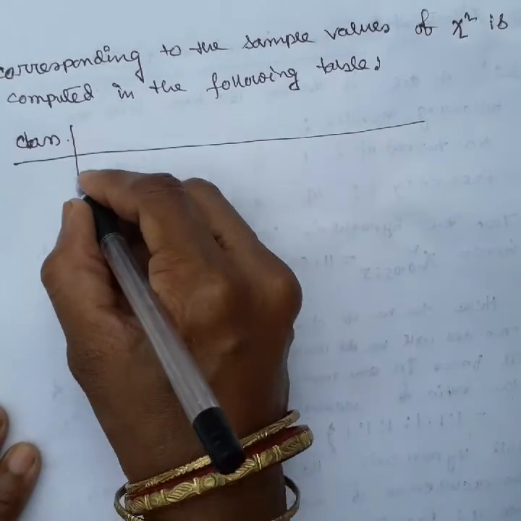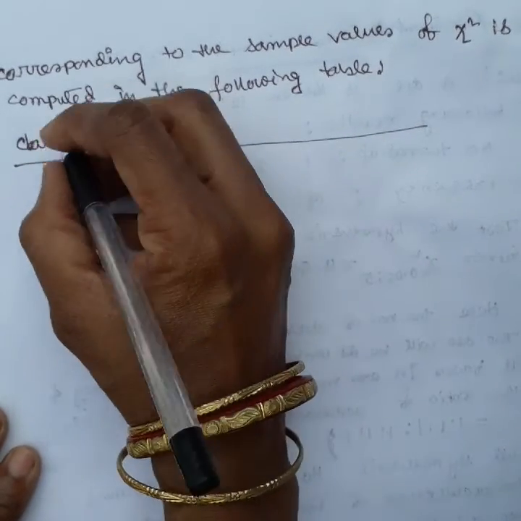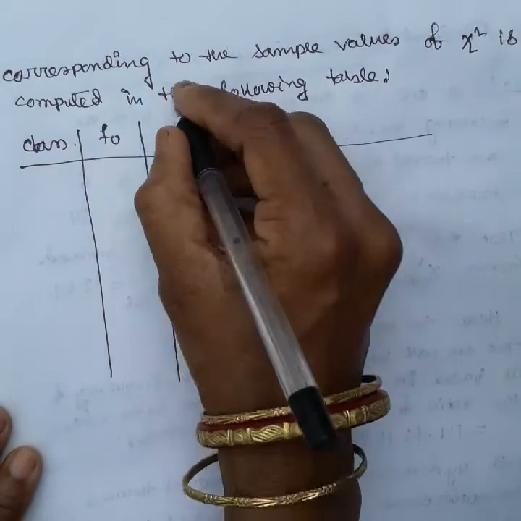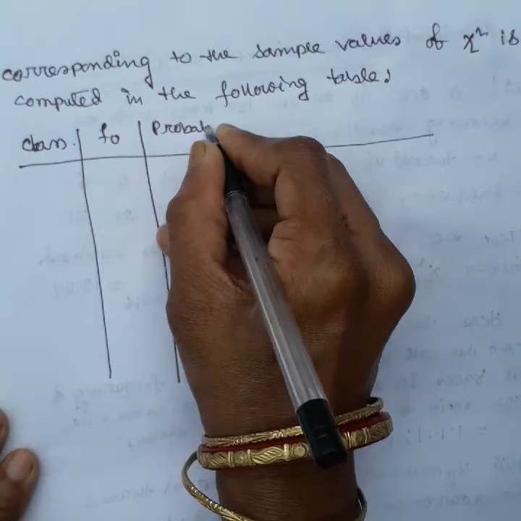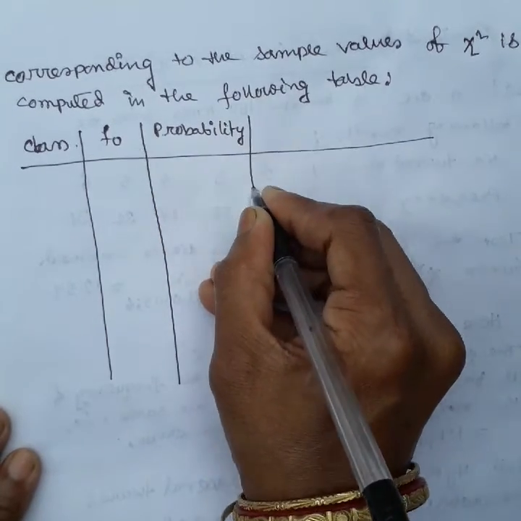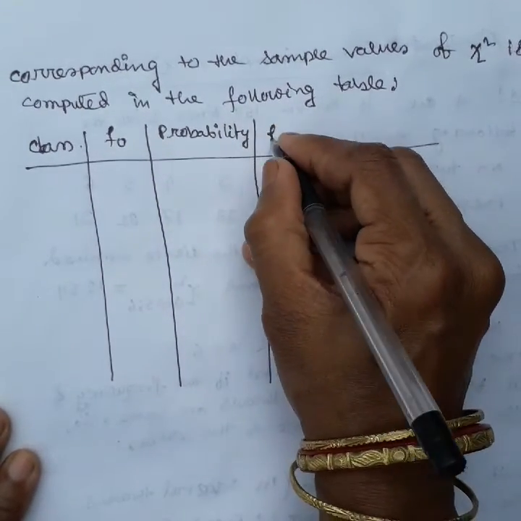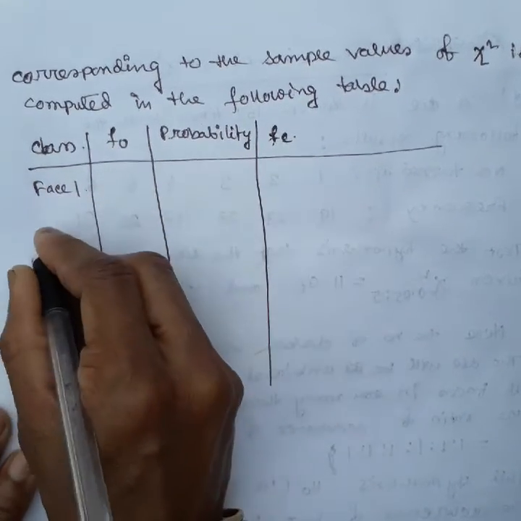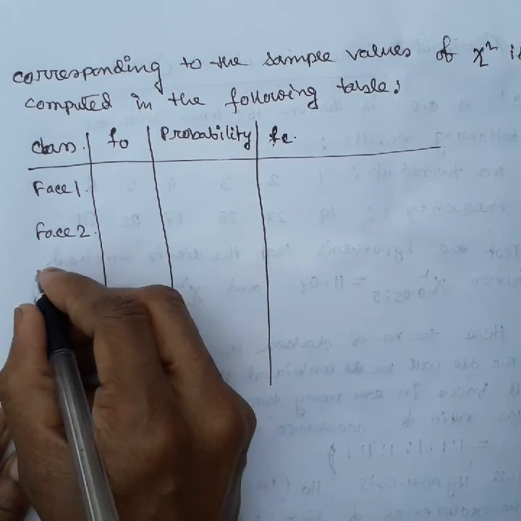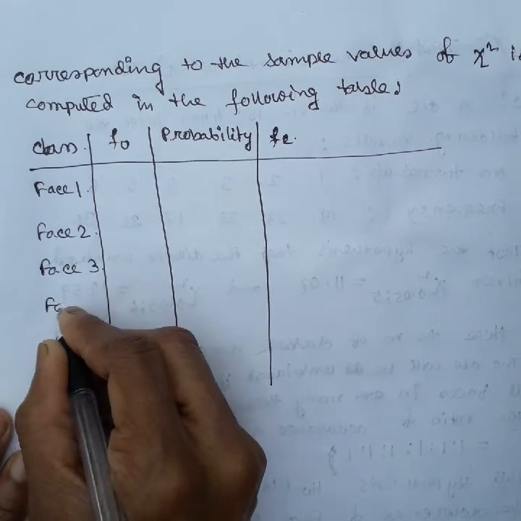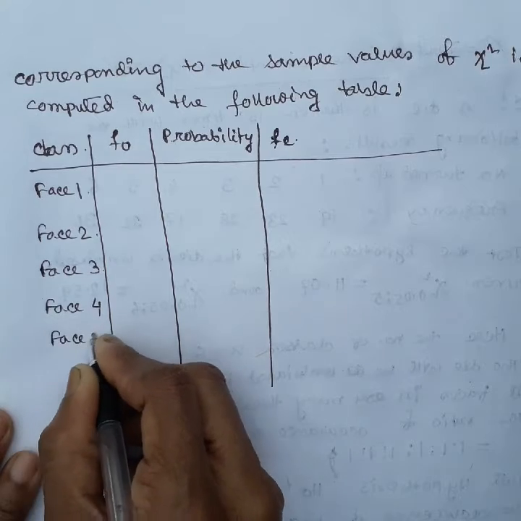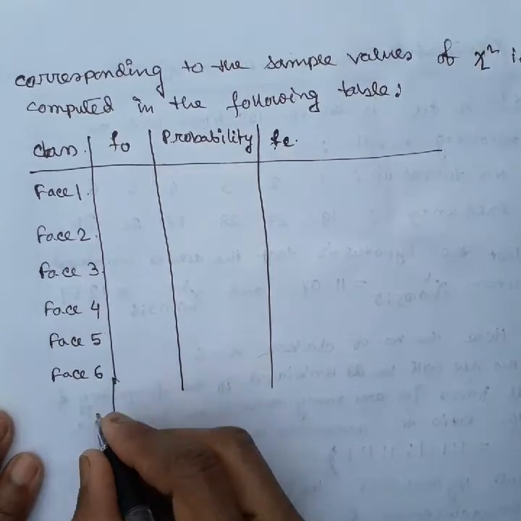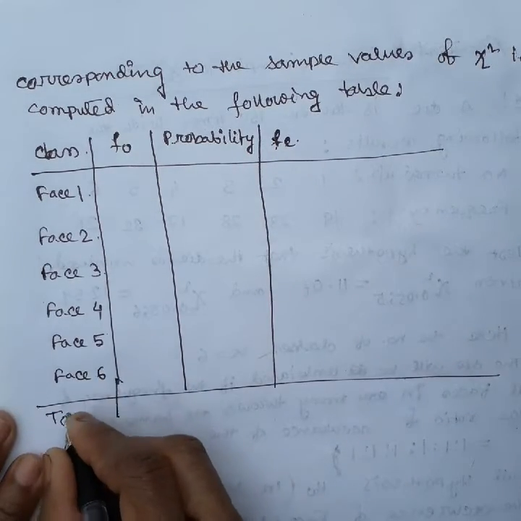We draw the table. Then FO, then probability, then FE. First write here class: face 1, face 2, face 3, face 4, face 5, face 6, and last the total.